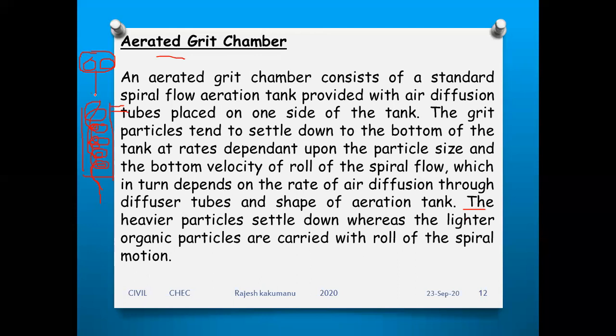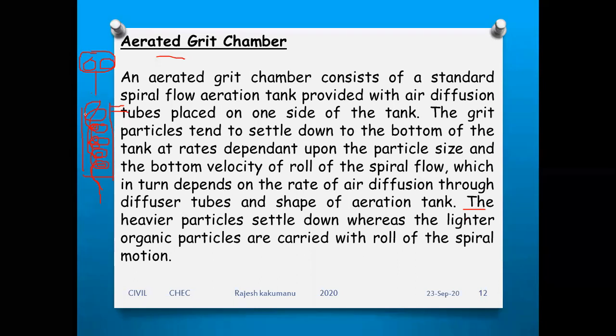So the lighter solid particles flow on top of the water, through the gaps of the spiral blades, and the heavier solid particles settle at the bottom of this chamber.